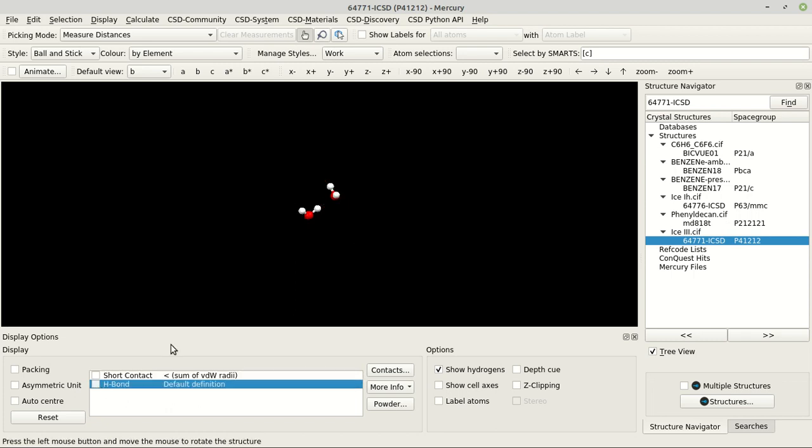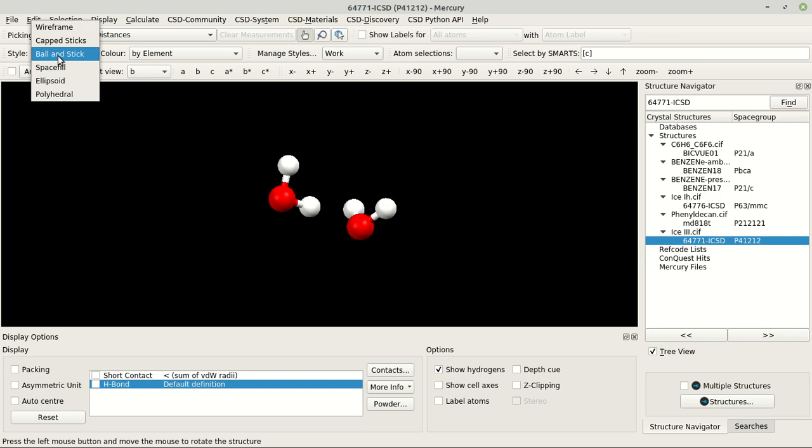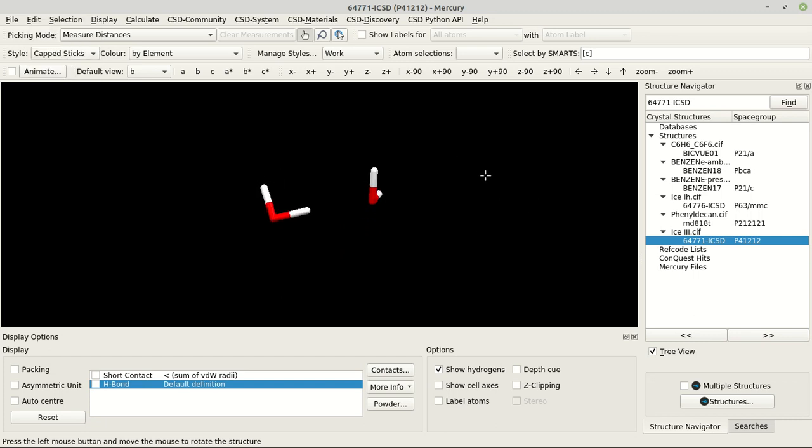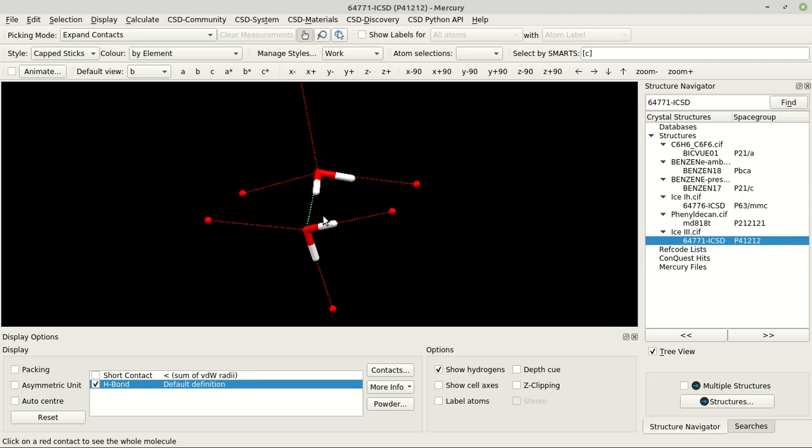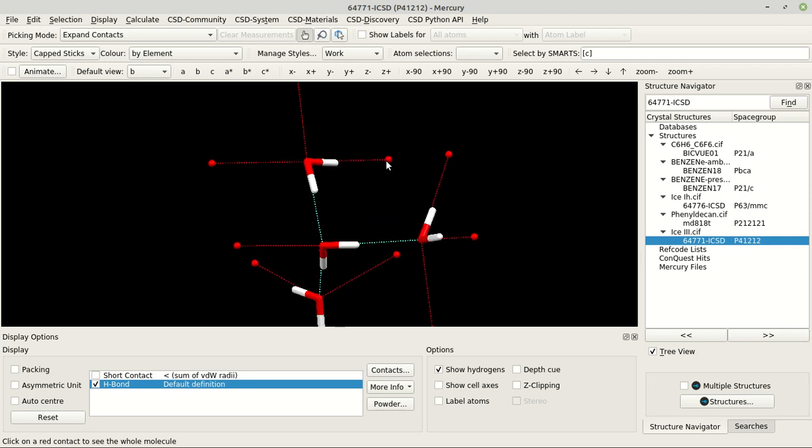As I have shown you last time, in this visualization program, this is one form of ice. Switch here to capped sticks, one form of ice, two molecules. This is the asymmetric unit, and by using all the symmetry, here are the hydrogen bonds, intermolecular interactions, you see very nicely. You can expand here.